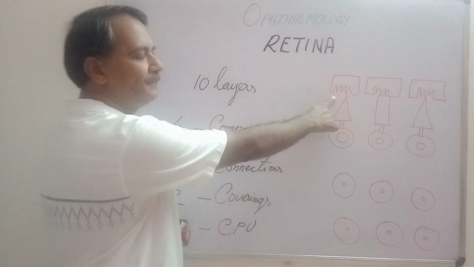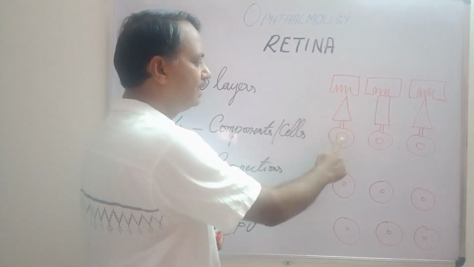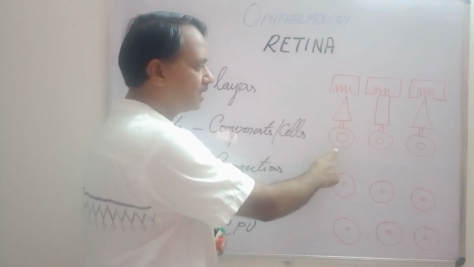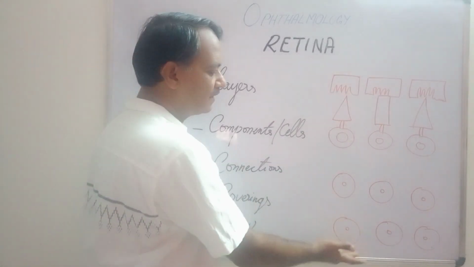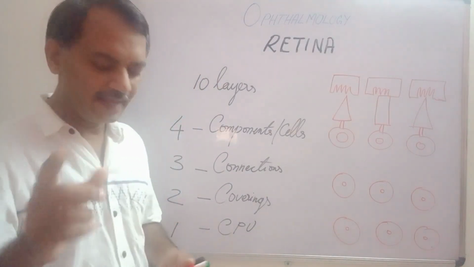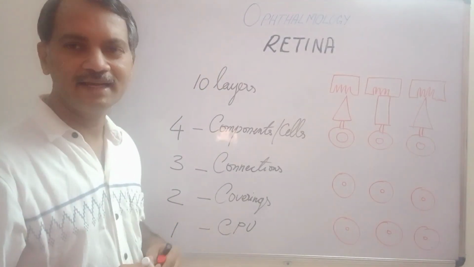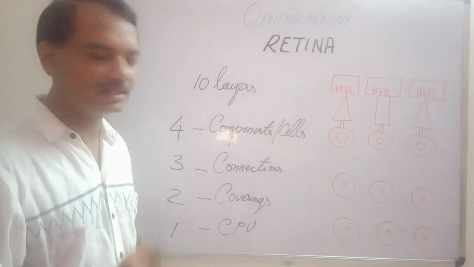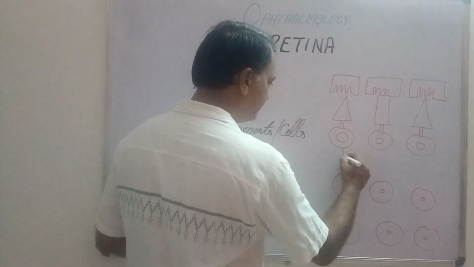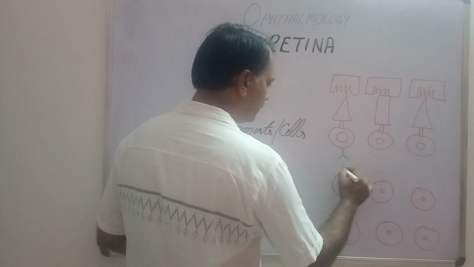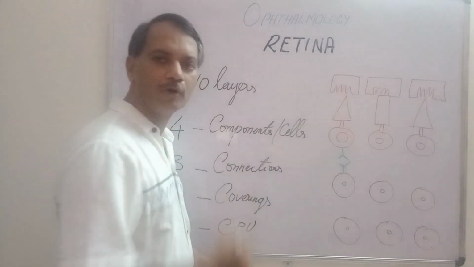So there are 4 components or cells. One is the retinal pigment epithelium, then the layer of rods and cones or photoreceptors. You have the bipolar cells, you have the ganglion cells. Next I am going to draw the connections. I told there are 3 connections. One is the connection between the photoreceptors and the bipolar cells.